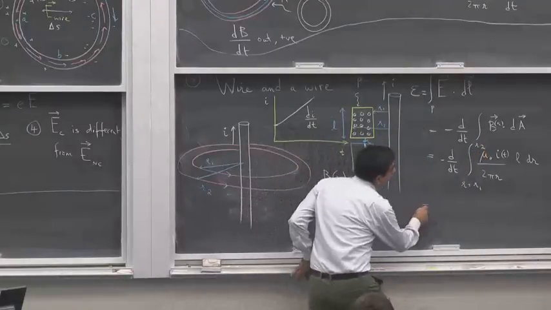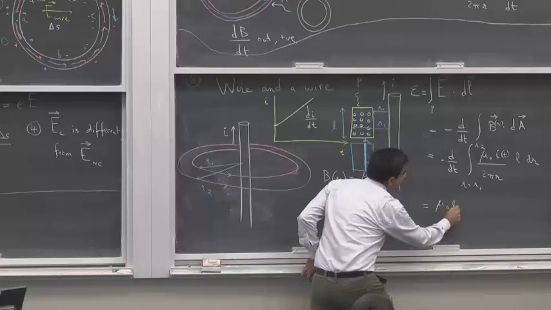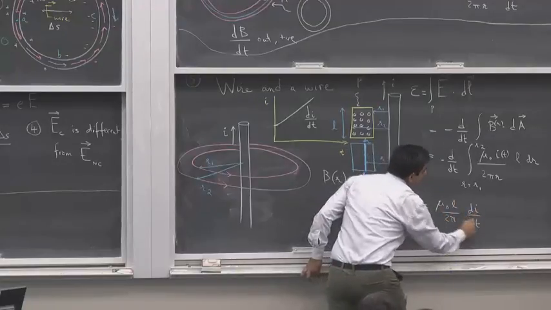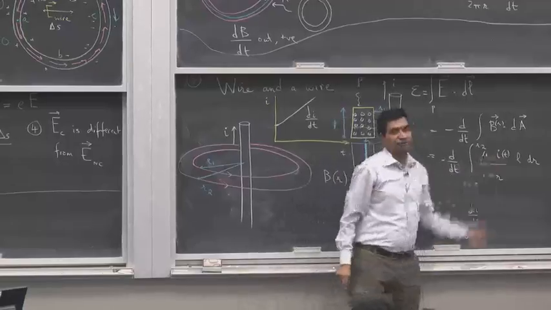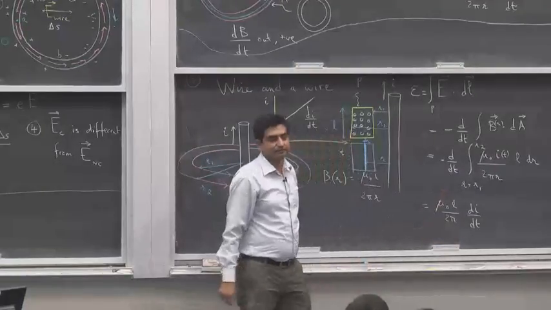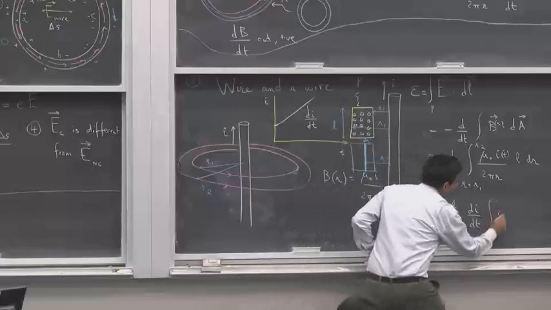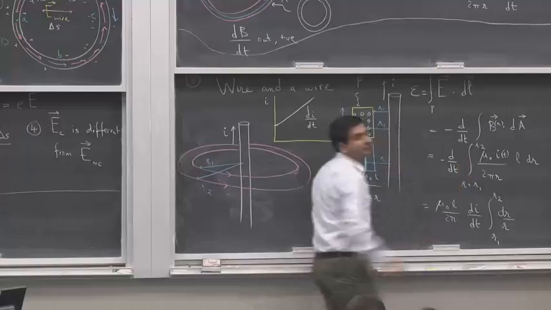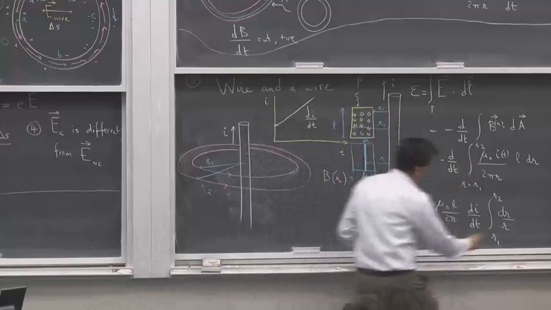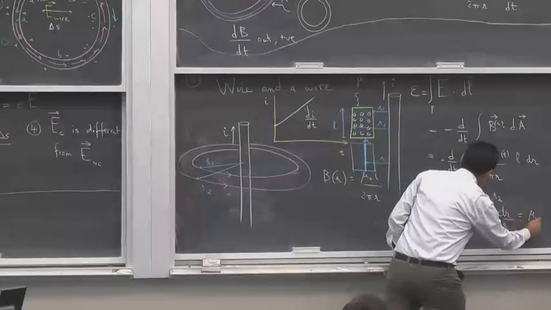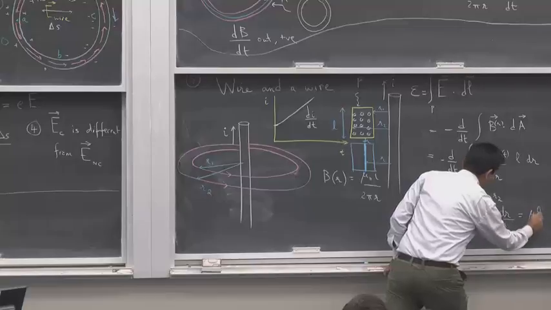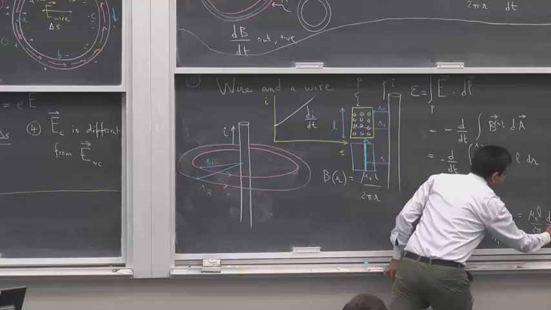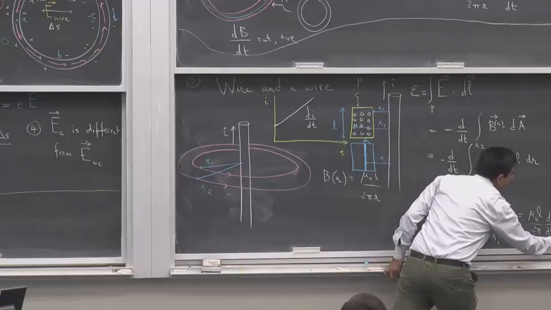This will produce mu naught L over 2 pi, di by dt. The time derivative only applies to the current. Everything else is constant here. Integral of dr by r from r1 to r2. This gives me mu naught L over 2 pi, di by dt, natural log of r2 over r1.